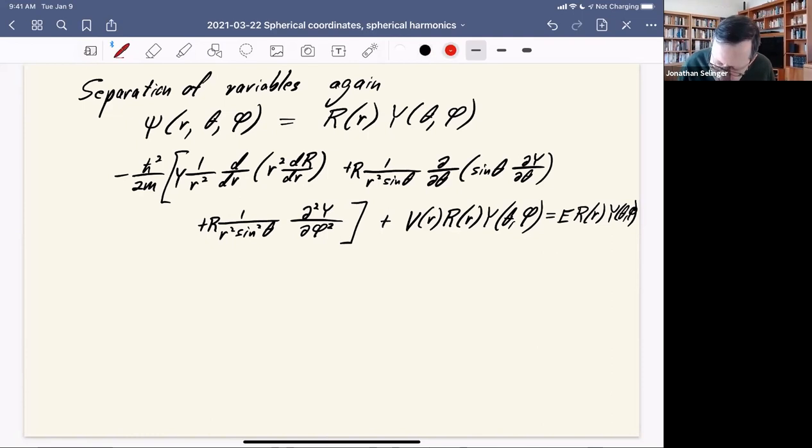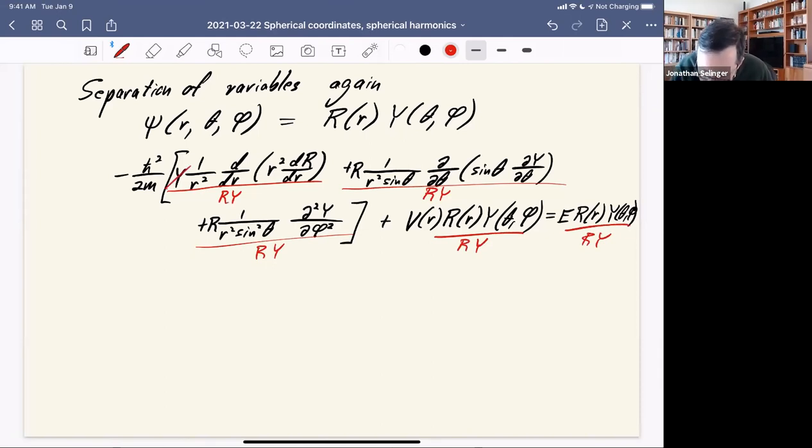We're going to divide every term by capital R times capital Y. All right, then we can cancel something in most of the terms. So cancel the Y's there, cancel the R's, cancel both of them.